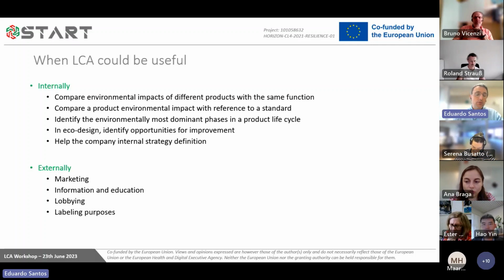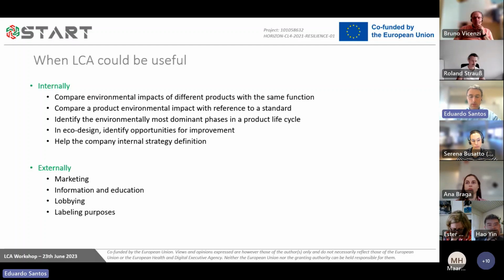From an external point of view, and I think that both internally and externally matter for us, the results that come out from the LCAs are widely used in marketing to convey to the consumers or to the authorities what are the benefits or the downsides of our life cycle. Also for information and education purposes, and of course lobbying, and also for labeling purposes.